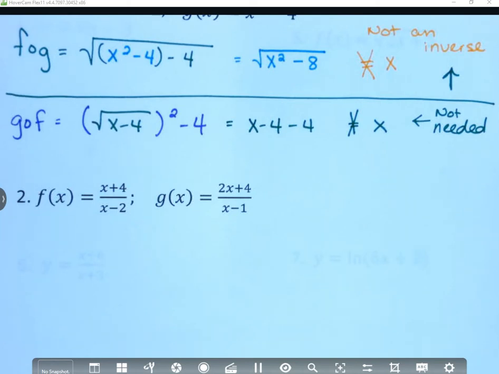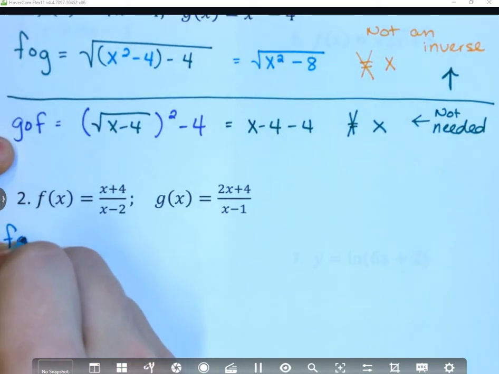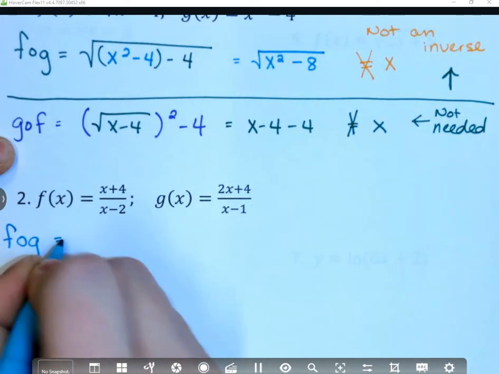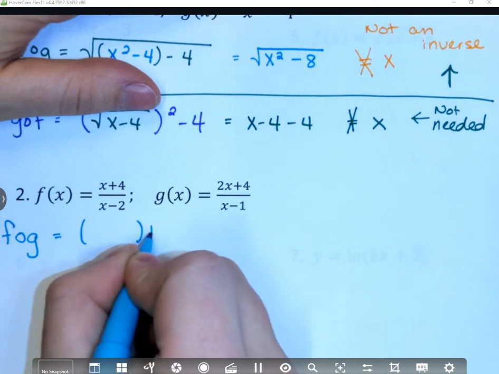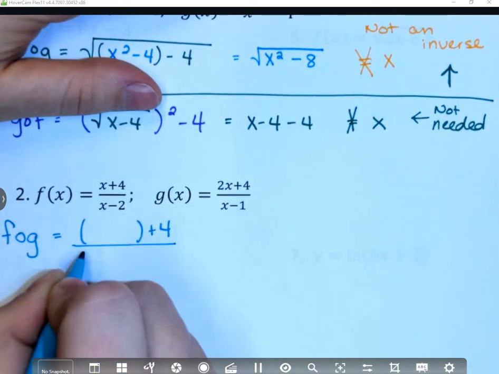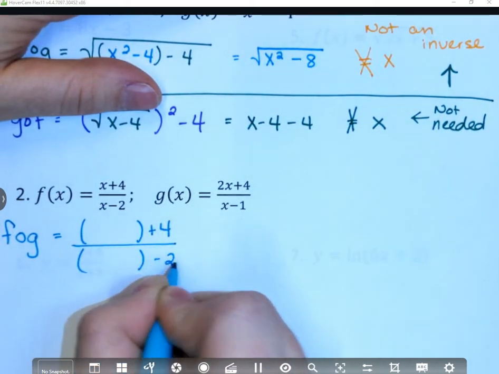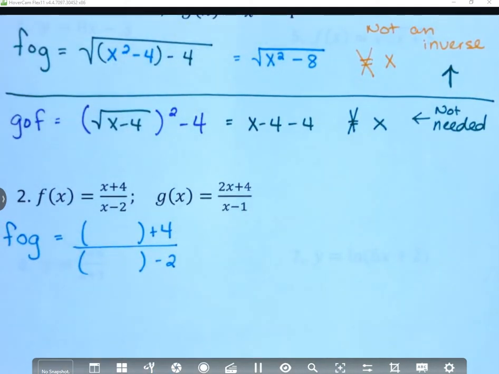Do you want to do f of g or g of f first? You're just going to do f of g? Okay. Really doesn't matter. I'm just letting y'all give me some input here. So I'm going to do f of g. And that means I'm going to start with f, and in is going to go g.